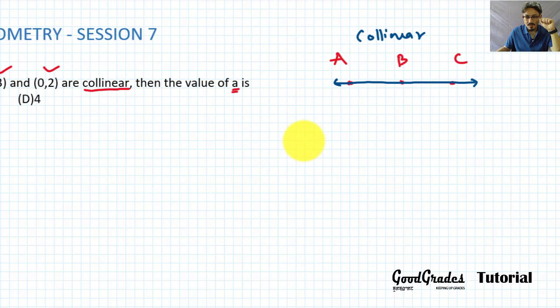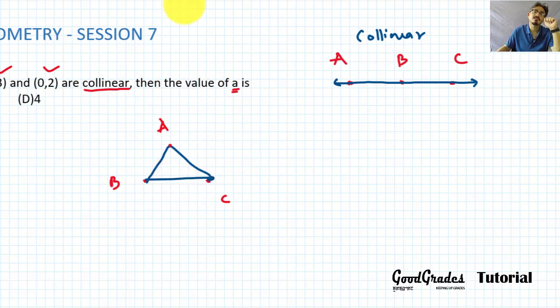The concept of collinearity is linked with the area of a triangle. Let us take a triangle ABC with its vertices. If we join all the vertices, then it becomes a triangle.